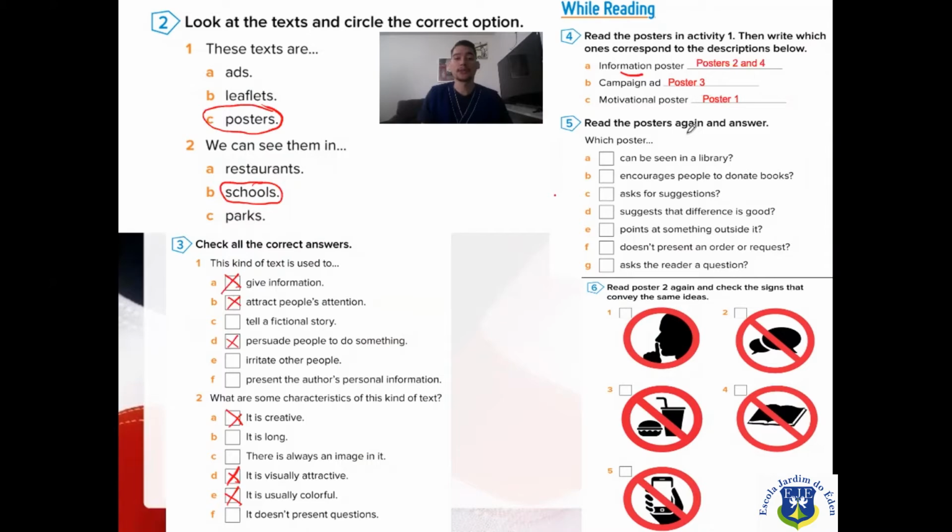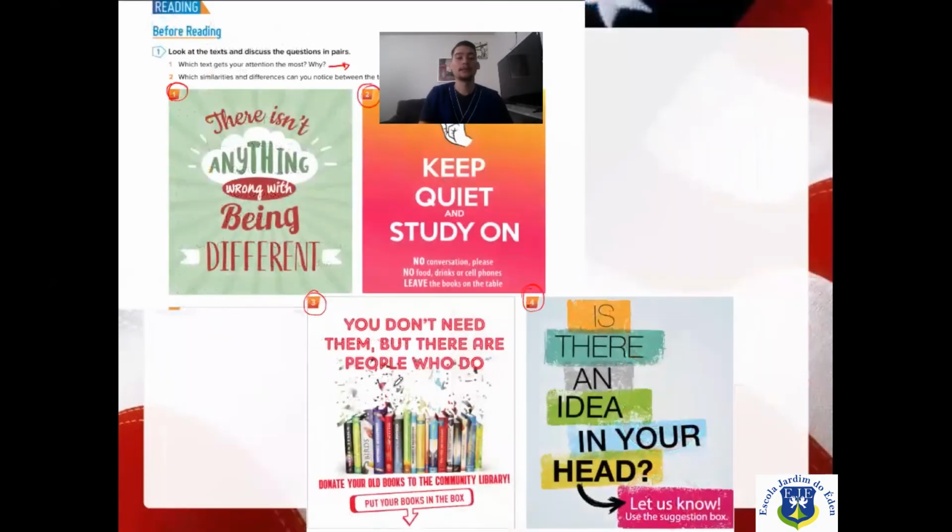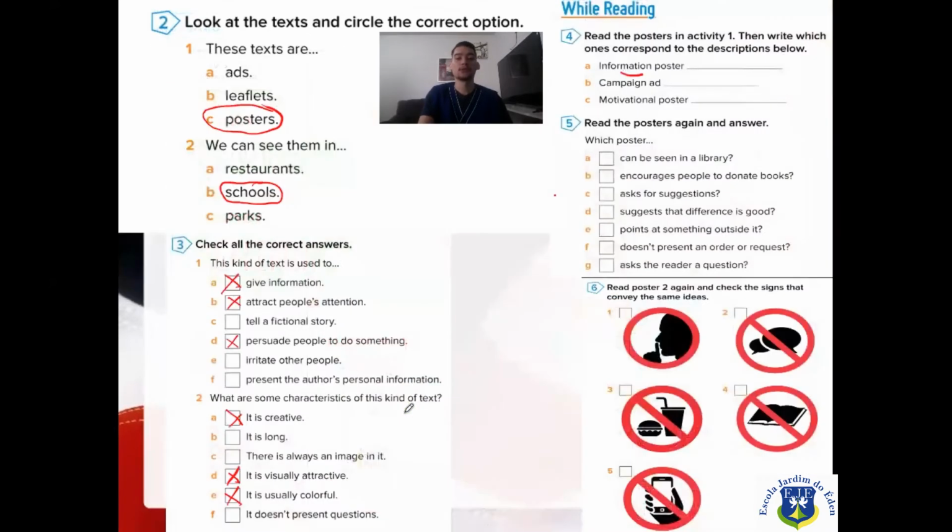So let's continue. Read the posters again and answer. Pay attention to the posters. Which poster can be seen in a library? Number 2. Very good. Encourages people to donate books. Number 3. Asks for suggestions. Number 4.